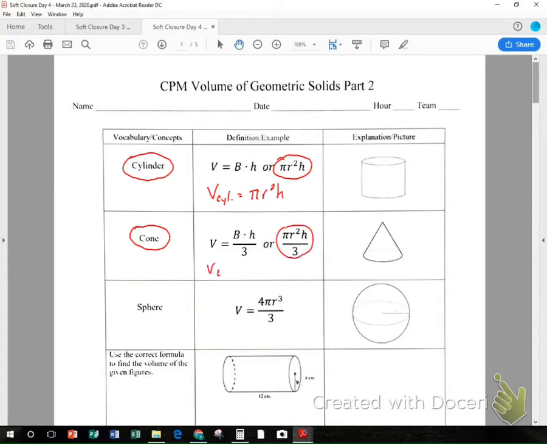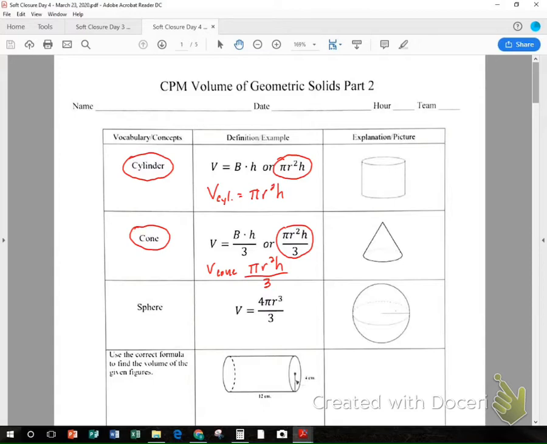Volume of a cone is pi times the radius squared times the height, then you have to divide by 3. Notice that they're almost exactly the same. The cylinder is pi times the radius squared times the height. Cone is that same thing divided by 3.